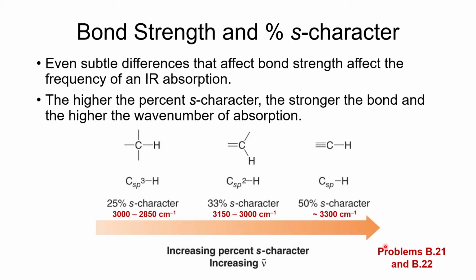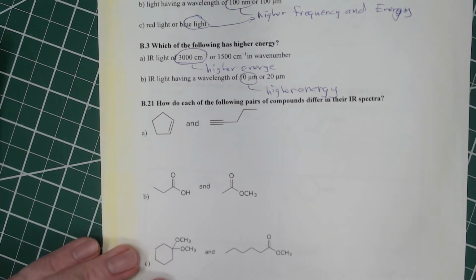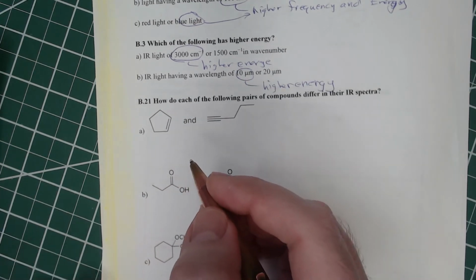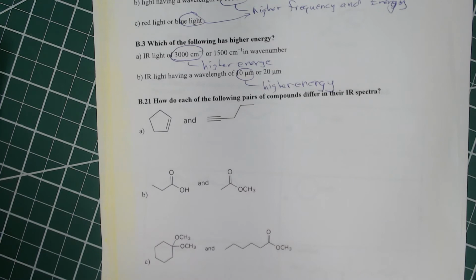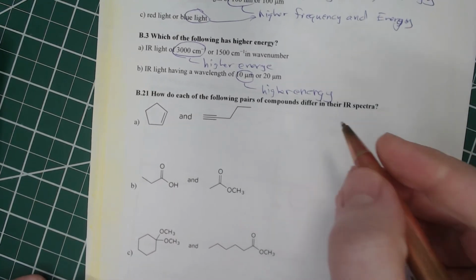So let's look at number 21 and 22 on the in-class assignment. So I'll switch over. All right, and we want to know, how will these differ? What's going to be different about these? Well, first of all, one thing I like to point out is what's going to be the same.